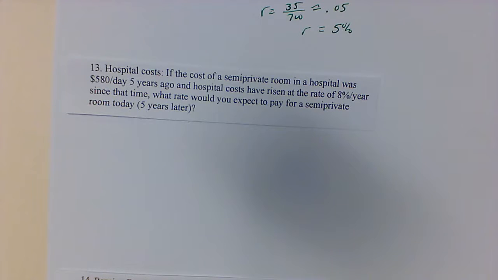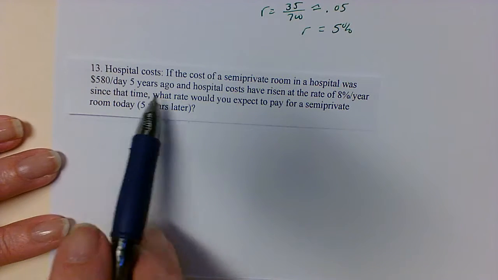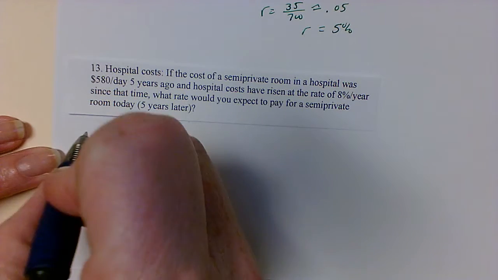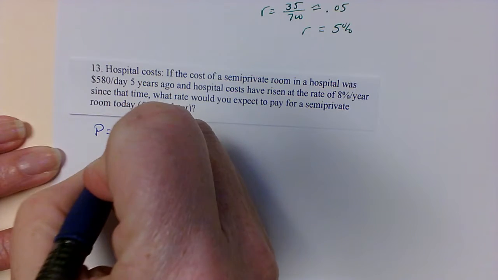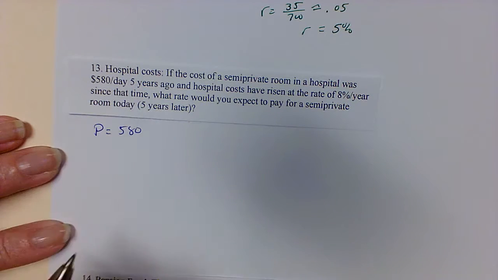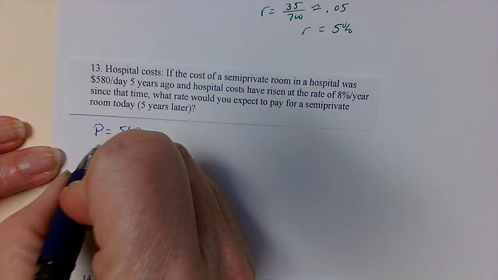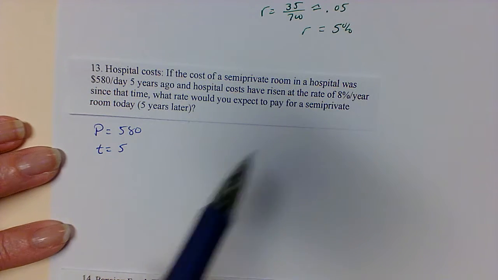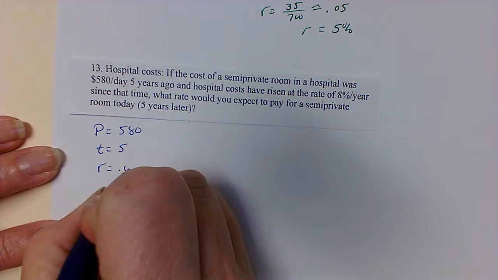So we're looking again, what do we have? What do we need to find? So it was $580 a day, so that's our principal. It's going to be $580. And we have T was 5 years ago, so T is equal to 5. We have an 8%, so our rate is equal to 0.08.